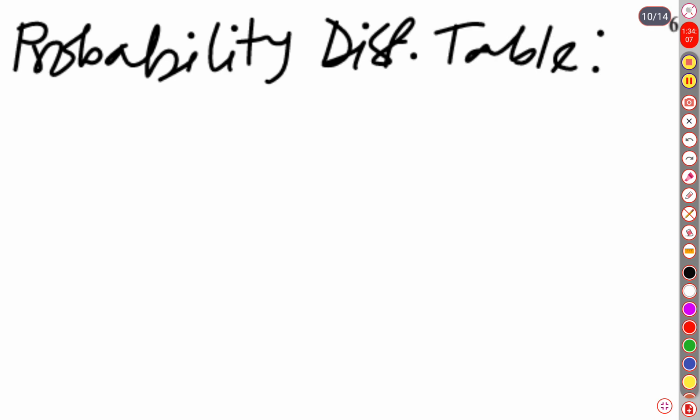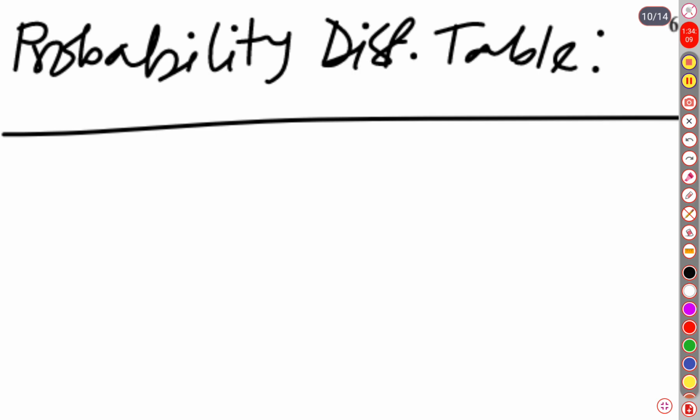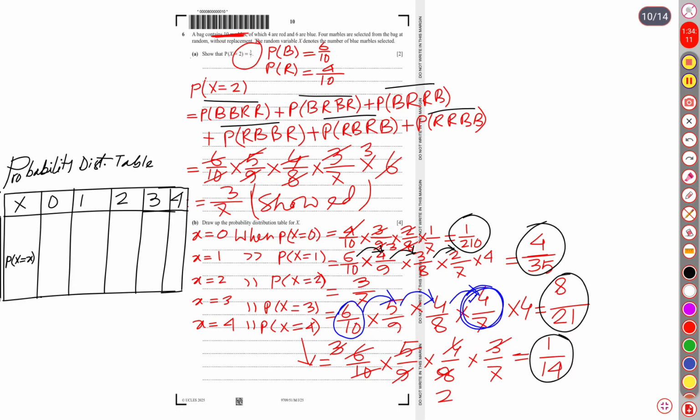Let me draw the table. This is our probability distribution table. Now we are going to insert the values, I mean probabilities. First one is 1 over 210. I am leaving them in exact form. You can leave it as 3 significant figures, or in decimal fraction.